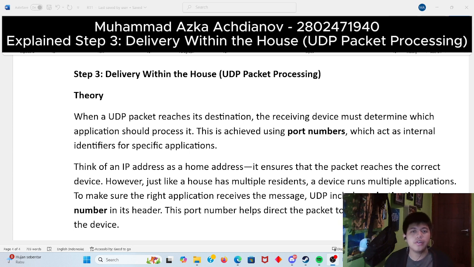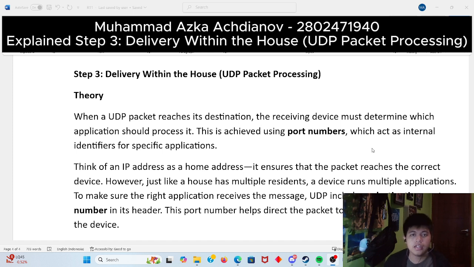Today I'm going to talk about step 3 in delivery within the house, or UDP packet processing. In theory, when a UDP packet reaches its destination, the receiving device must determine which application should process it. This is achieved using a port number, which acts as an internal identifier for a specific application. Think of an IP address as a home address. It ensures that the packet reaches the correct device.